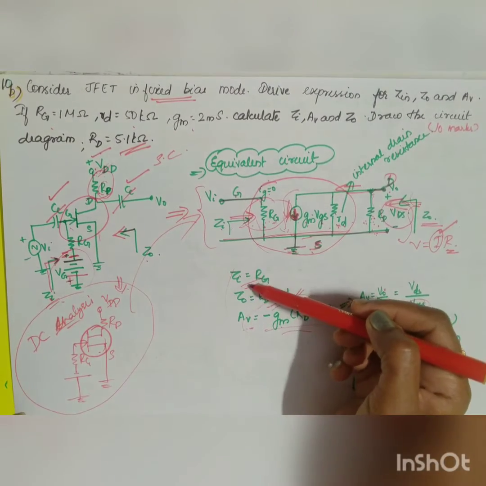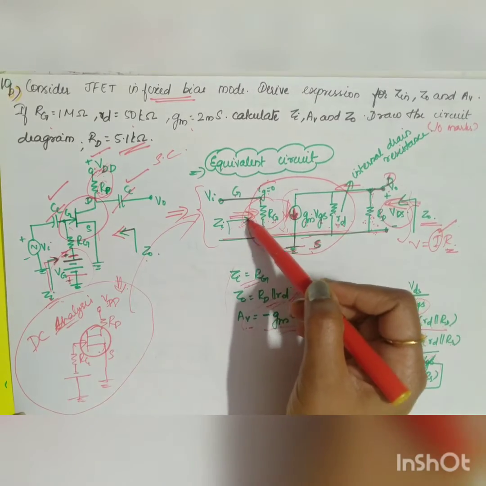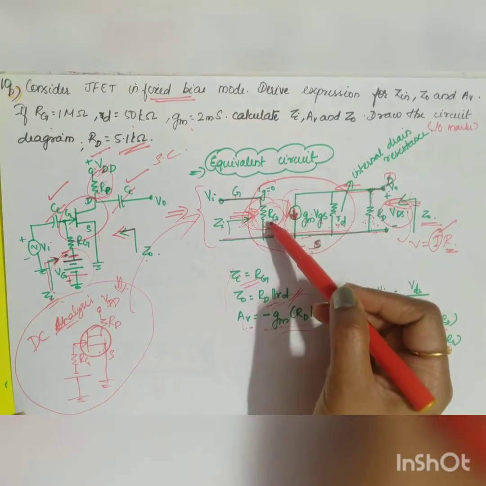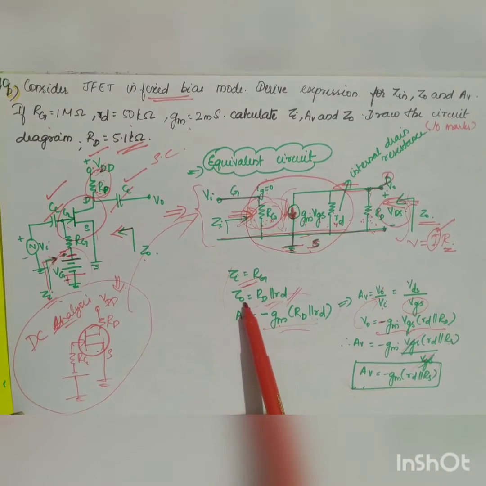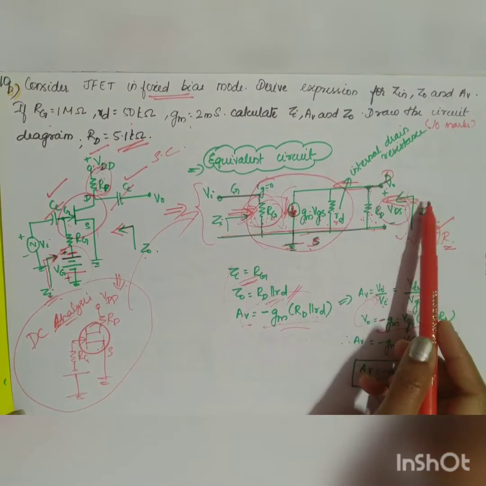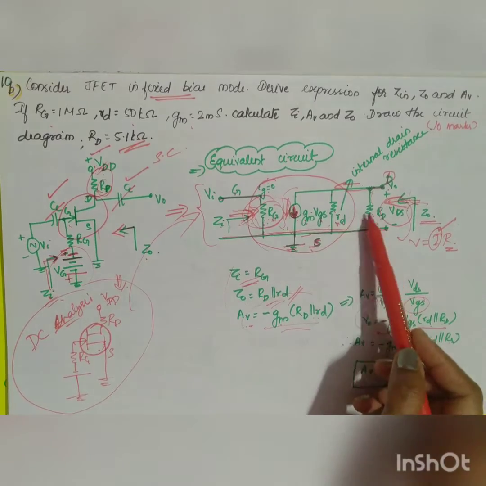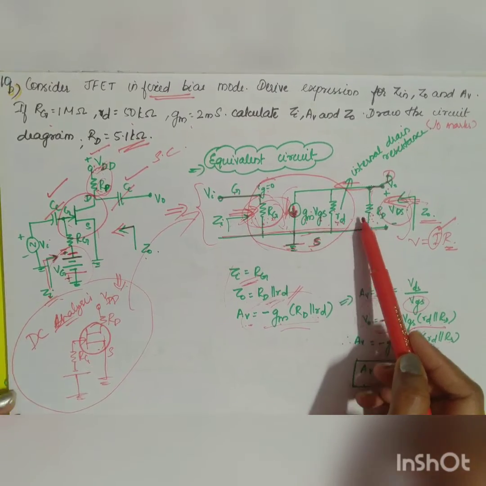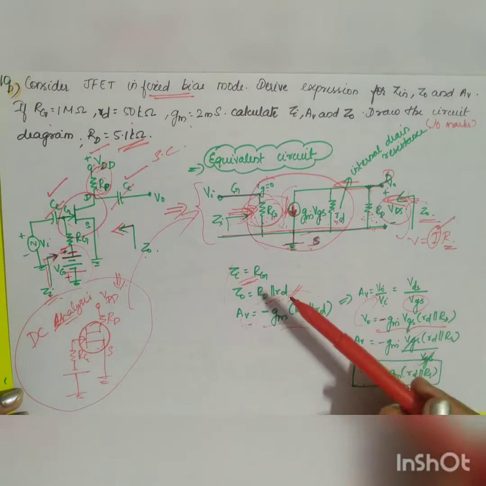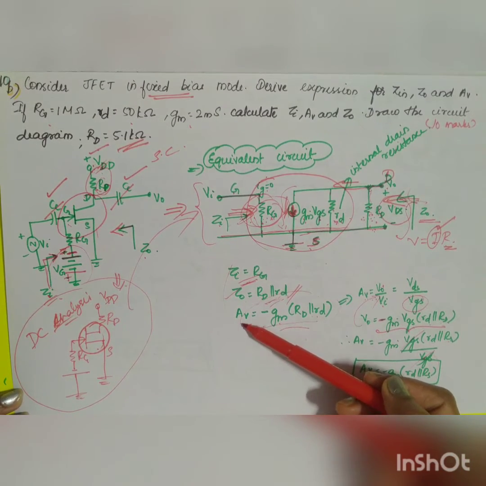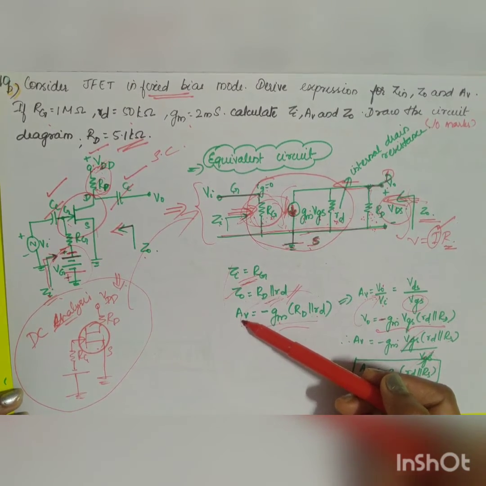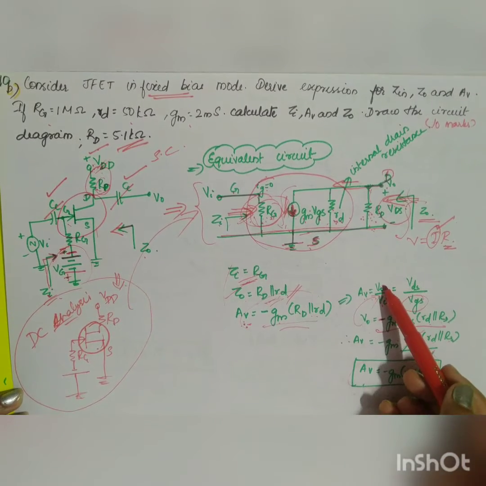So what will be your input impedance? Looking towards your circuit from the input side, there is only one resistor RG, so your input impedance will be equal to RG. Output impedance: looking from the output side, you will be having two resistances, that is your internal resistance small rd parallel to capital RD. That will give your output impedance. And your gain AV is output voltage by input voltage, right? V0 divided by Vi. What is your output voltage?